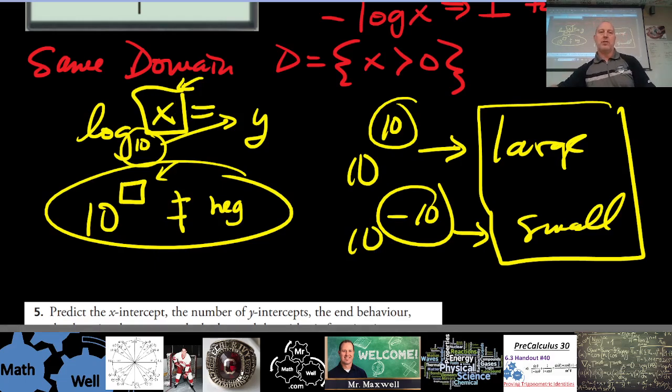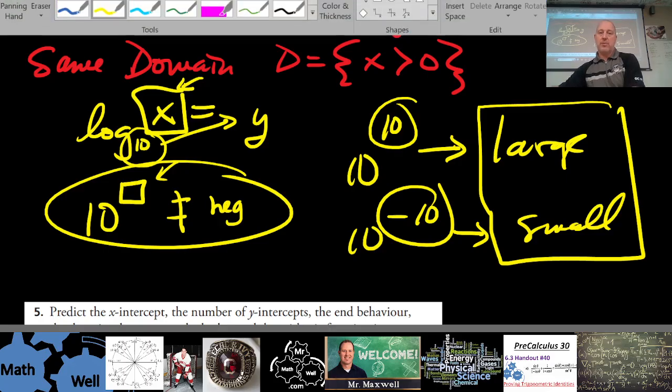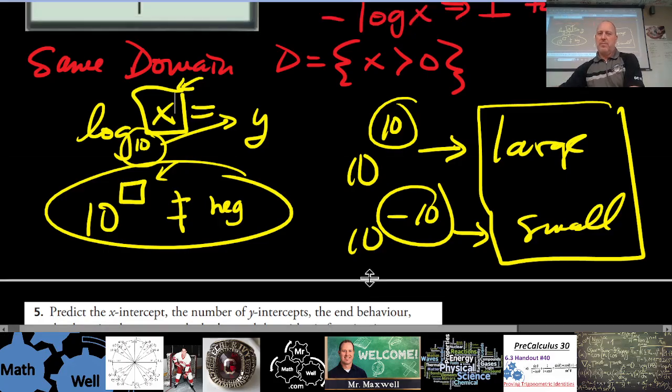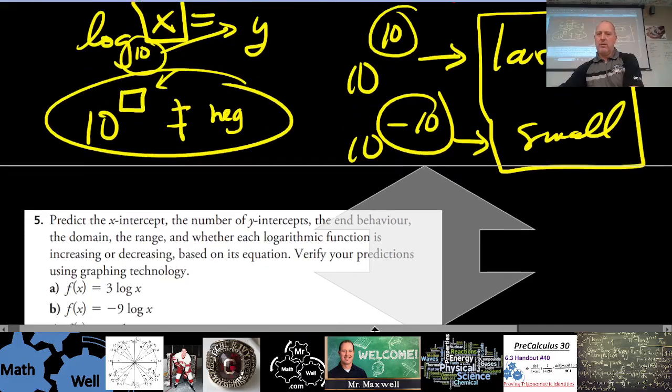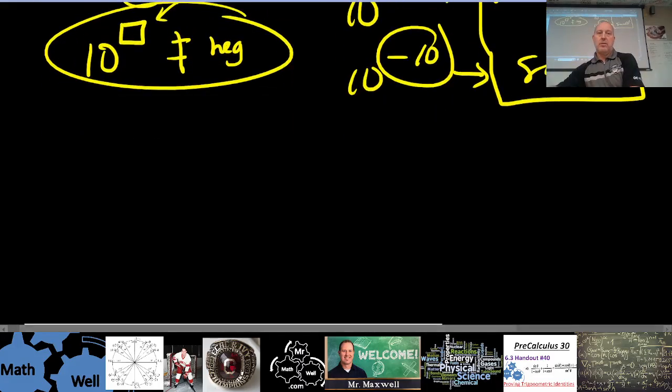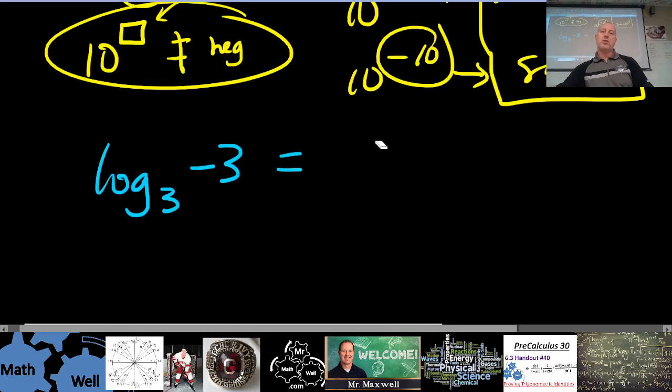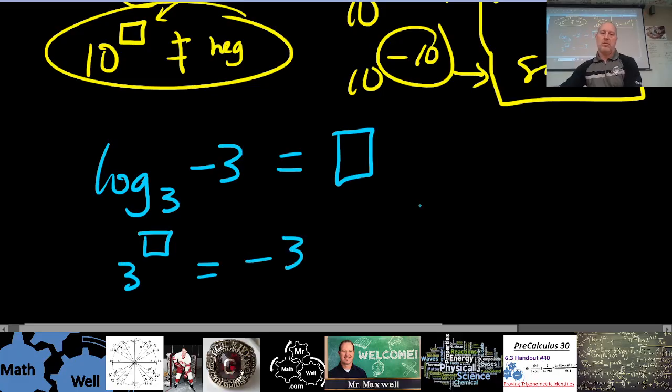Okay, so your question is, what does log base 3 of negative 3 equal? Okay, so log base 3, and then negative 3 is here? Yeah. Okay, so what does this equal? All right, so then what you want to do is say 3 to the power of what equals negative 3.